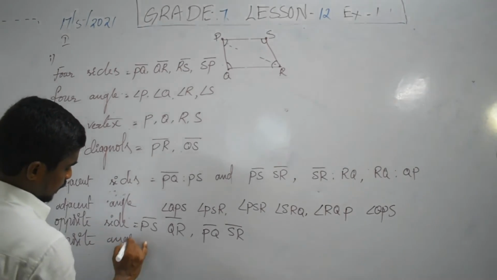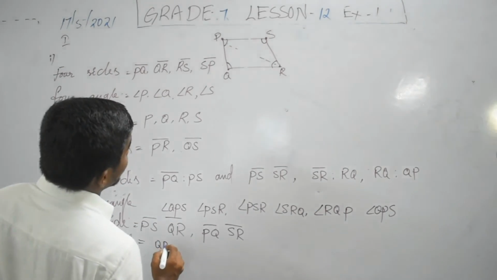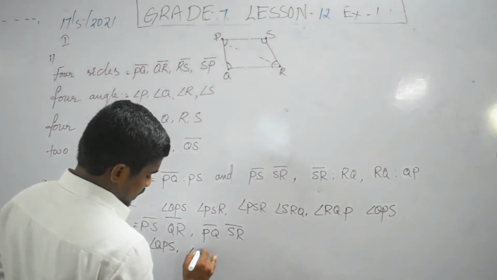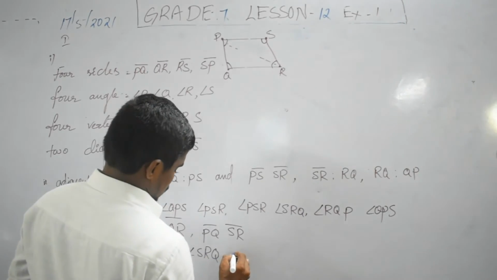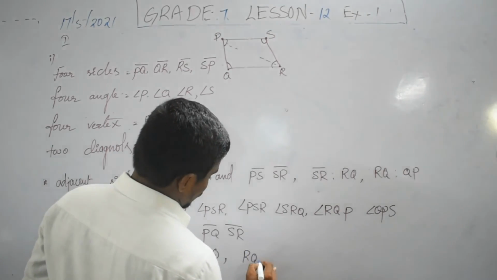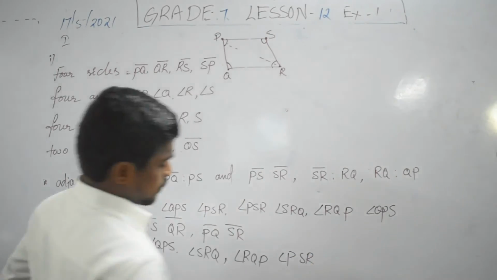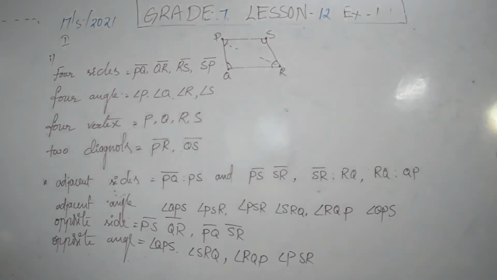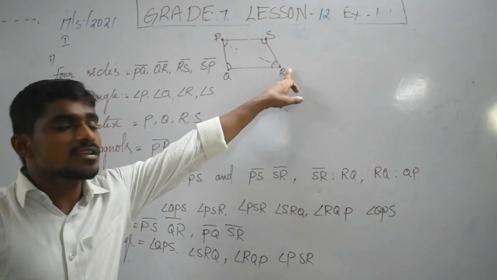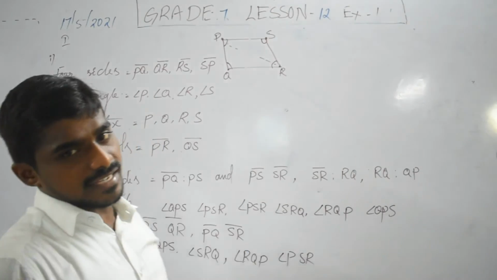See, angle QPS, opposite angle SRQ. And the next one, angle RQP, angle PSR. These are opposite angles, right? Angle P opposite angle R, angle Q opposite angle S.